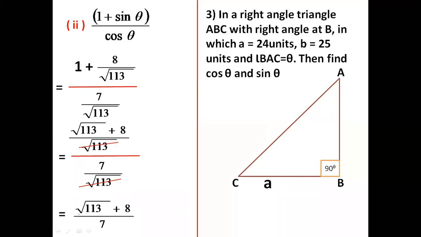So here small a is the length of the side opposite to the angle A, small b is the length of the side opposite to angle B, and small c is the length of the side opposite to angle C. Here given that small a is equal to 24 units. So write here 24 units in the figure.